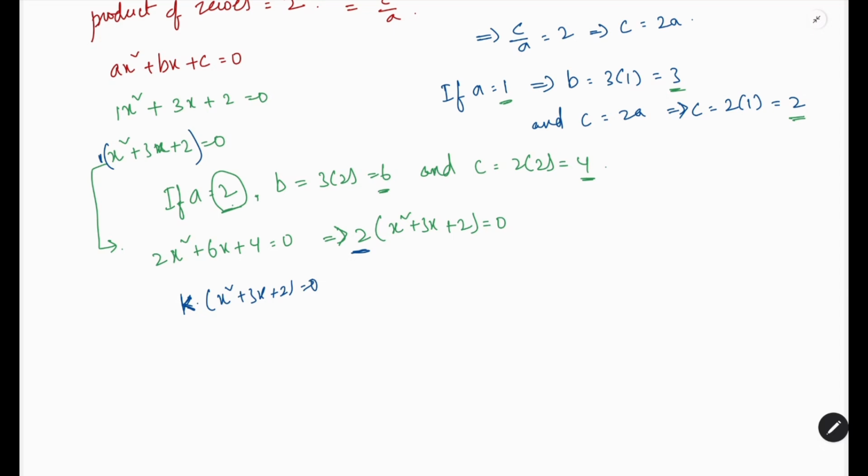See, where k can be 1 or 2 or 3, anything. If you take that value, then b and c will change accordingly.